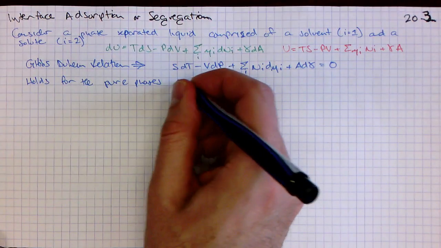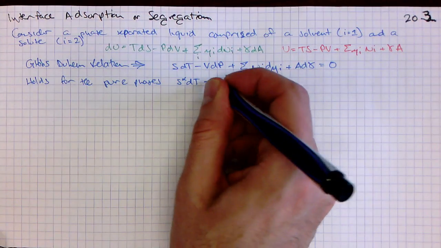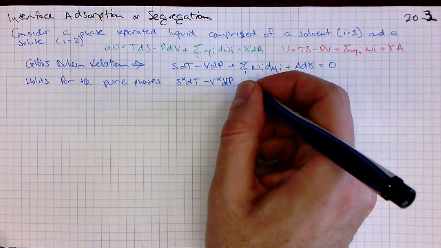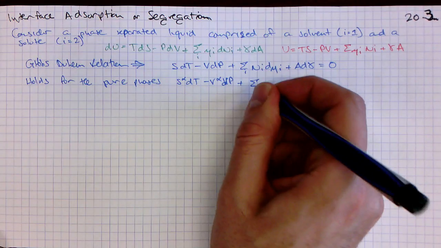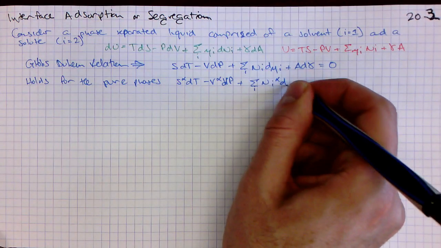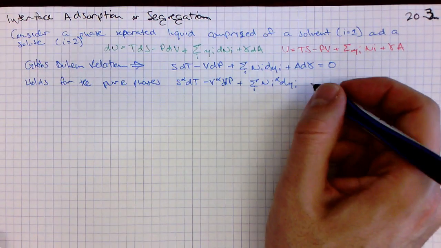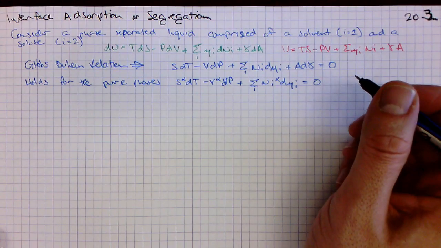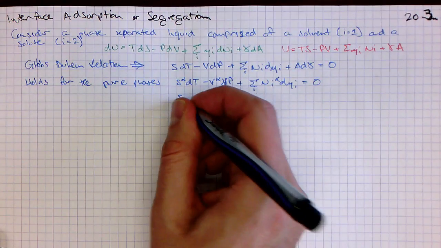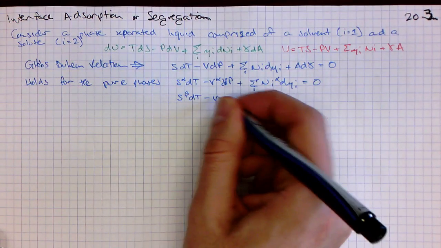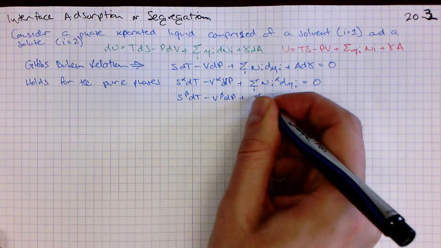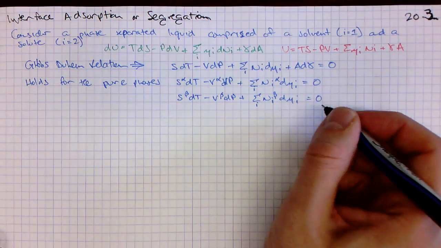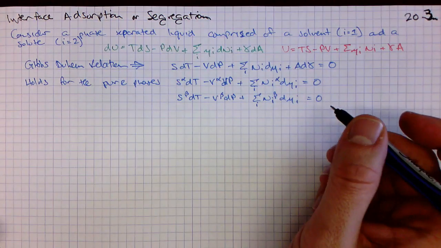So I can write down S^alpha dT minus V^alpha dP plus sum over i N_i^alpha d mu_i. But here, of course, in the pure phase, there's no interface, so that has to equal 0, right? And also for the beta phase, and also for the system as a whole, right?